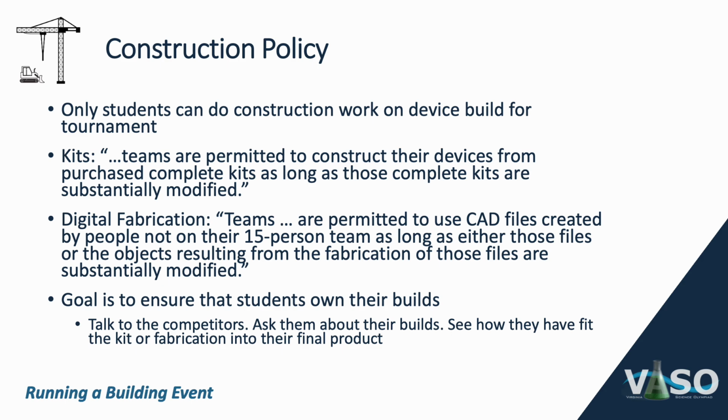In digital fabrication, for example, a lot of those pieces are parts of a whole, so it's substantially modifying it to put it into another setting than what that file created. Or maybe in a kit, it's changing out the wheels or putting a braking system on it. So these are the kinds of substantial modifications to kits that we're looking for.